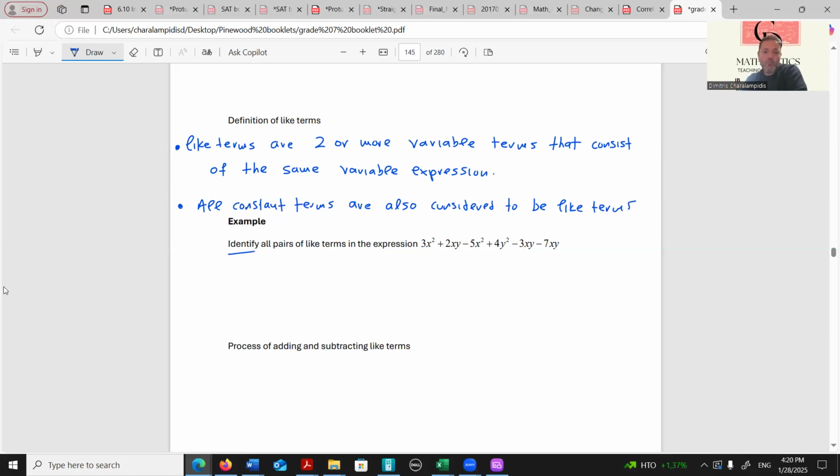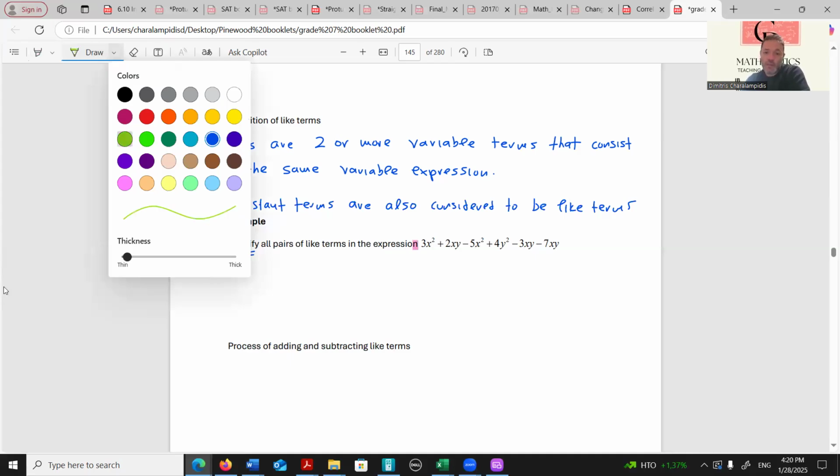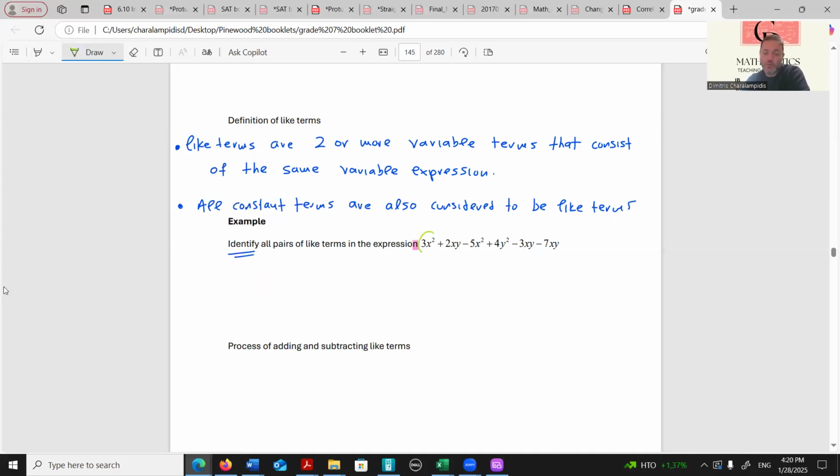Let's see an example. Identify all pairs of like terms in this expression. At first we have 3x squared. So here we would have 3x squared and negative 5x squared are like terms since they both have x squared.